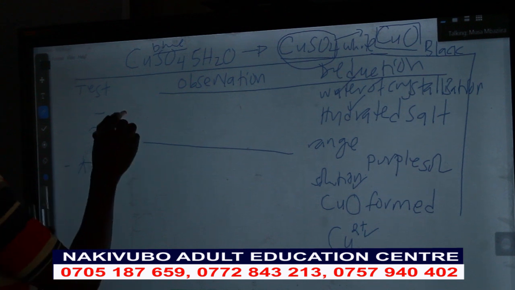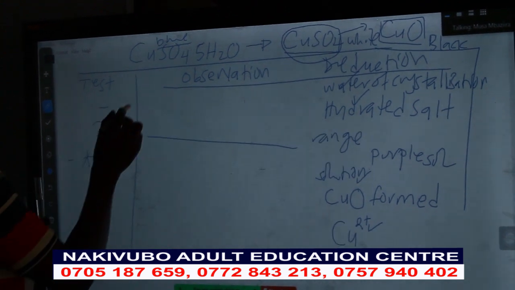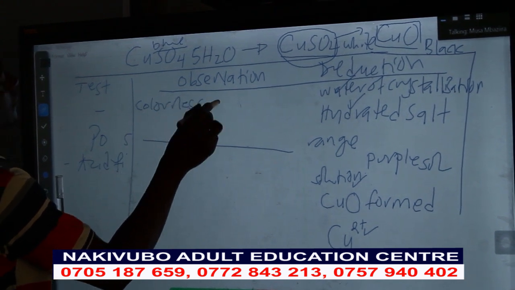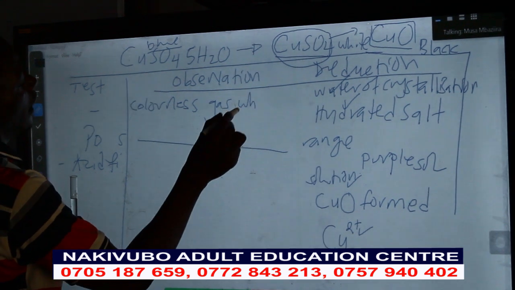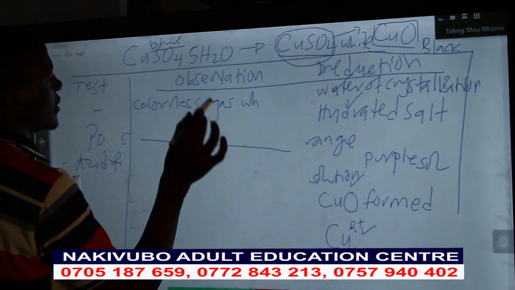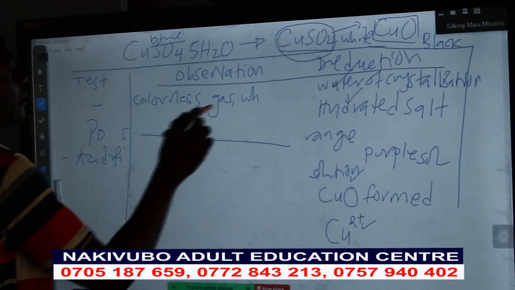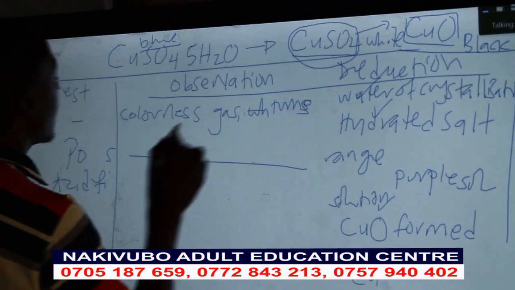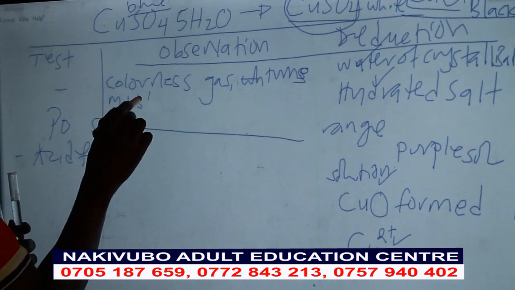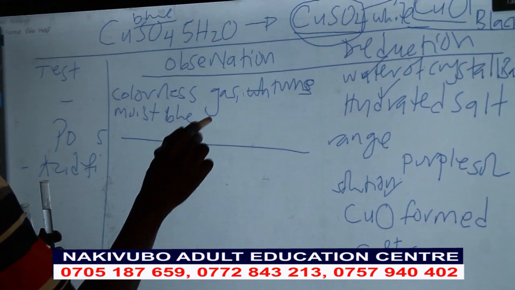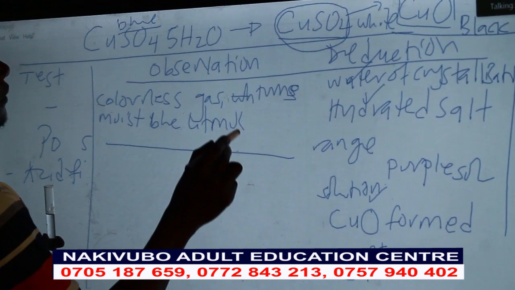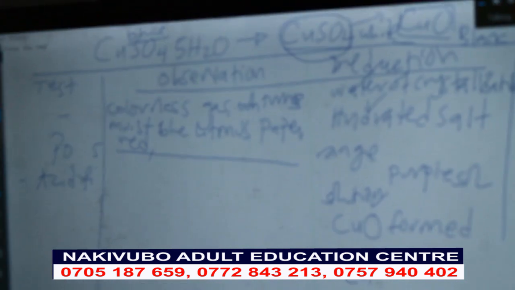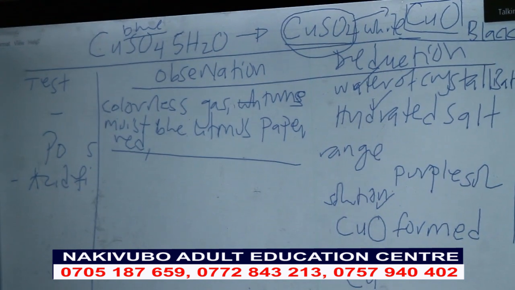Now, what am I going to say? I want to talk about sulfur dioxide. I will say a colorless gas, turns moist blue litmus paper red, because we say that one is also a test.